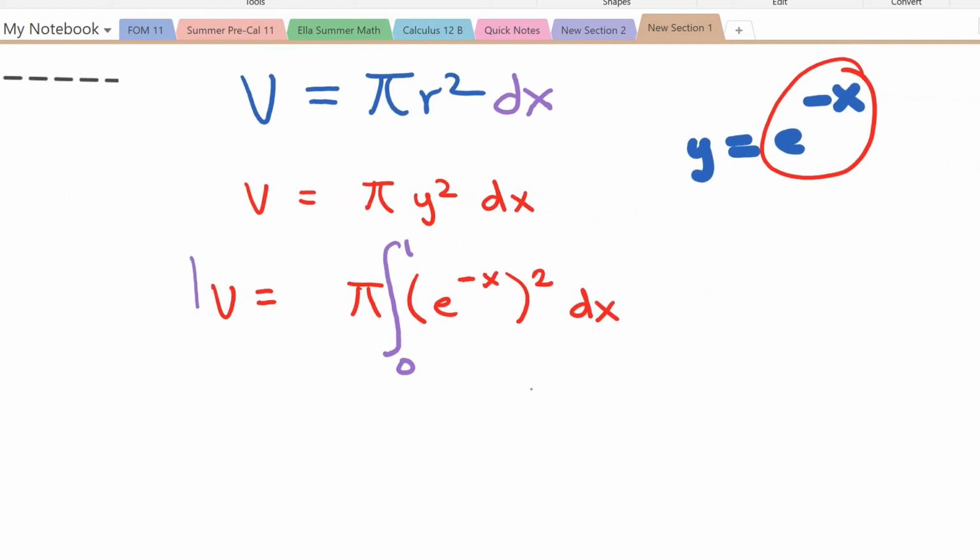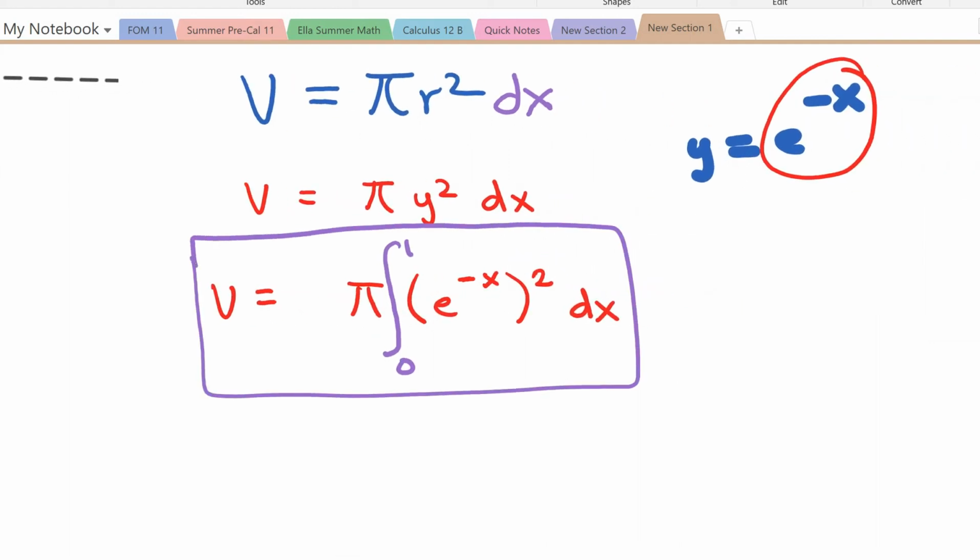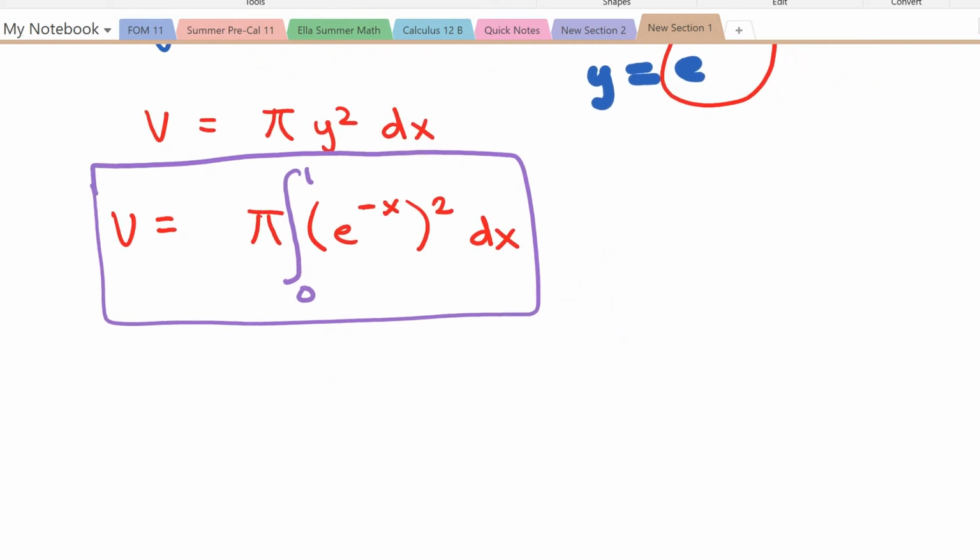And that right there is my volume expression for that entire 3D object. One more thing I would recommend is to multiply the two powers there. So that's going to be e to the power of negative 2x times pi, integral from 0 to 1, times dx. And volume equals that.